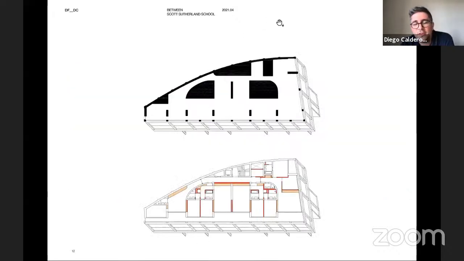So for example, in the Paradiso project, this is a scheme showing the vision of the structure.